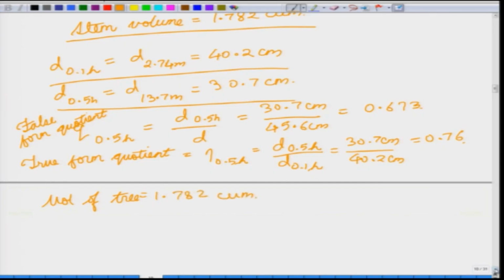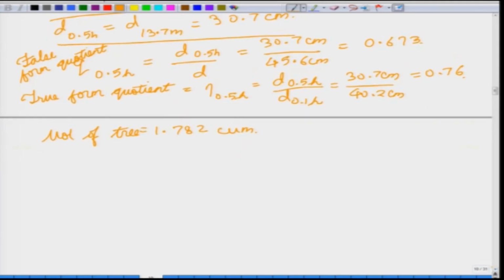Now, in the case of the false form factor, it is given by the volume of the tree divided by the false volume. Now, this false volume is the volume of the cylinder with diameter equal to d BH and height equal to the height of the tree.